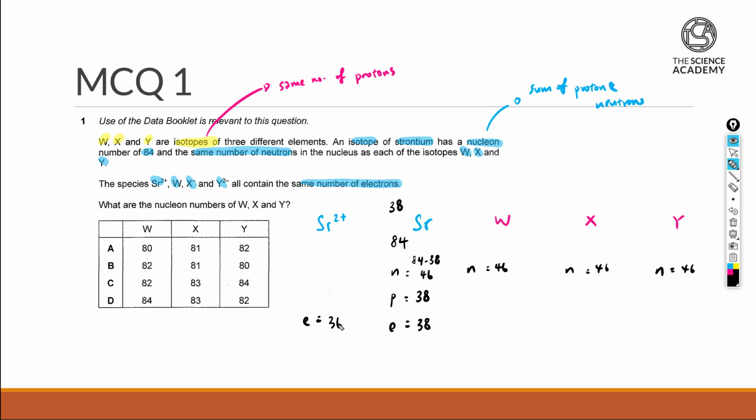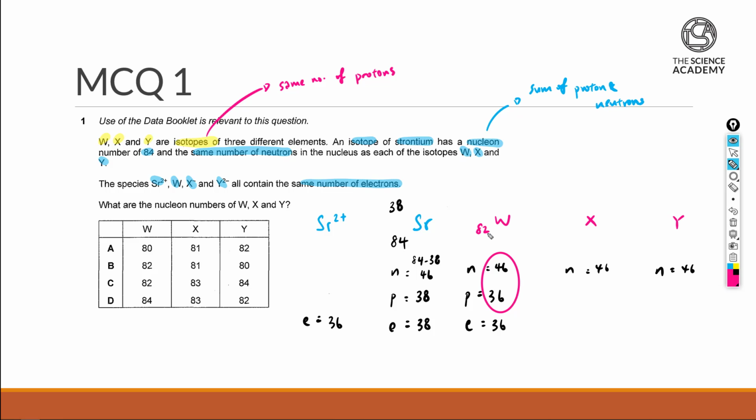Now this is going to be the same as W, so electrons is going to be 36, and since this is atomic W, the protons are the same as the electrons, 36 as well. So if we take a look at the nucleon number for W, it will be the sum of 46 plus 36 to give us a value of 82.